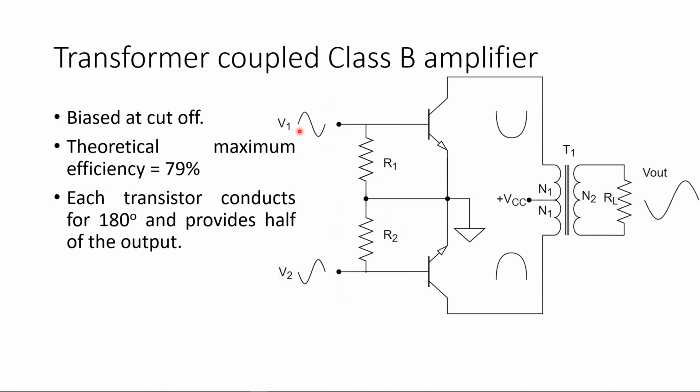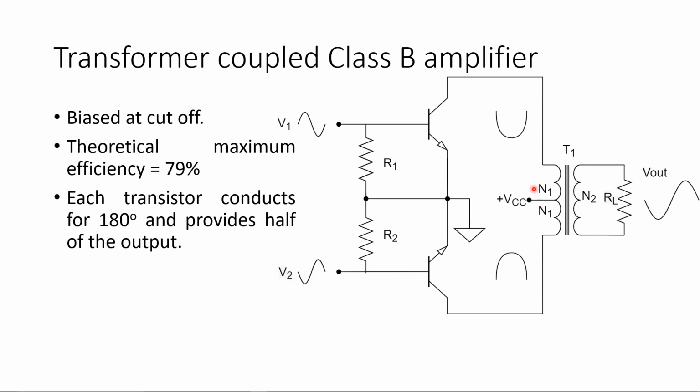So what will happen is, for only the positive portion here, this transistor will work. This transistor will work only for the positive half cycle, providing this, and this other transistor will work for the negative half cycle, providing this.